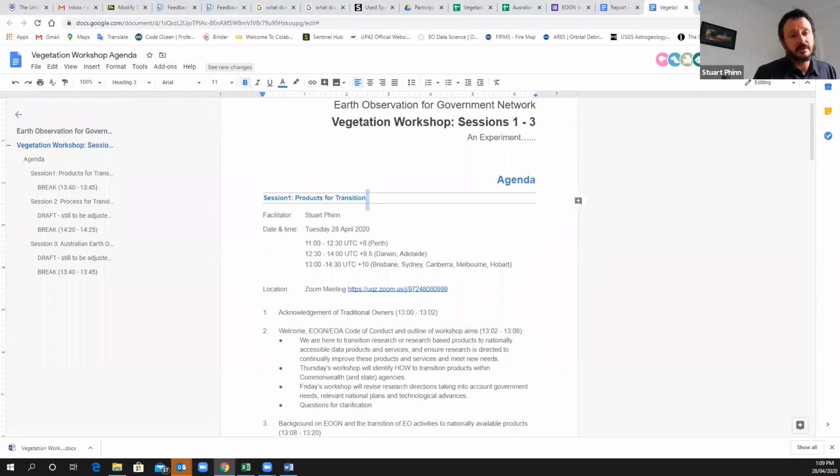If you have a look at the structure of today, and everyone has access to the document there, we're going to go through a little bit of a background to how we got to this point first, very quickly, to cover off on our workshop last year and what we're prioritising, and make sure if we've missed anything, we need to put that information in.